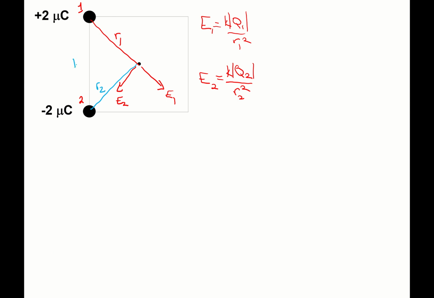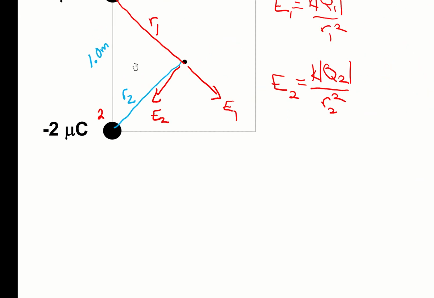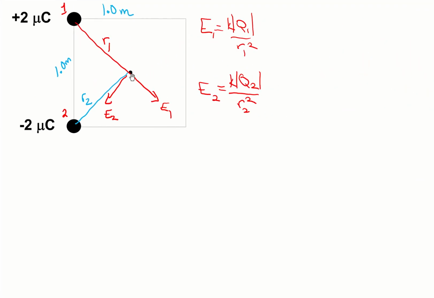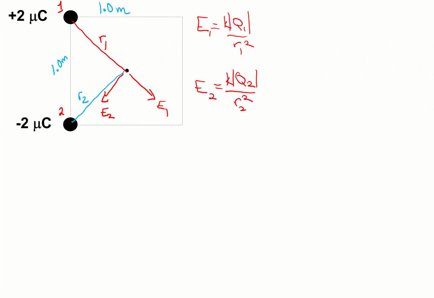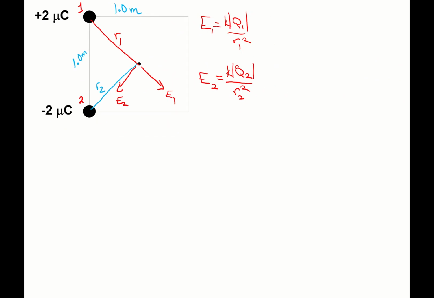If the square has 1 meter sides, then if I zoom in a bit, you can see that R1, if I make a square, and R2, if I make a square, they're going to be 0.5 meters on each side.